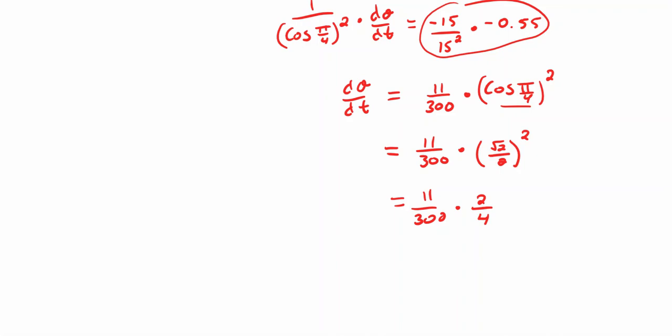Don't be hard on yourself. You've got to try this. Okay. I'm going to cancel that. Call that 1, call that 150. So we get 11 over 600. Oh, and we should write down that's radians per hour.